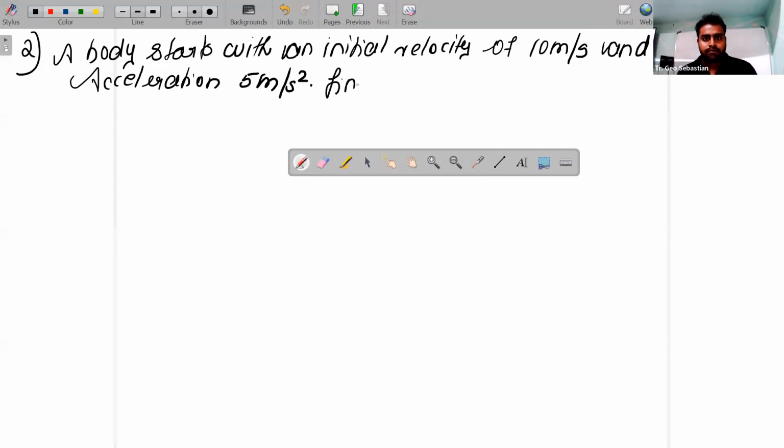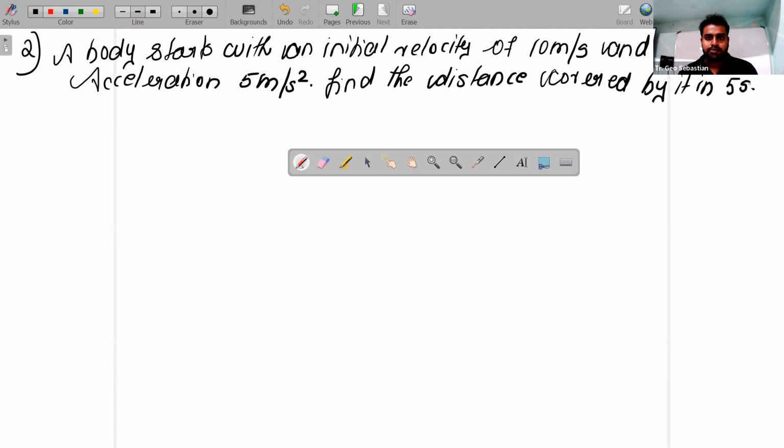Find the distance covered by it in 5 seconds.